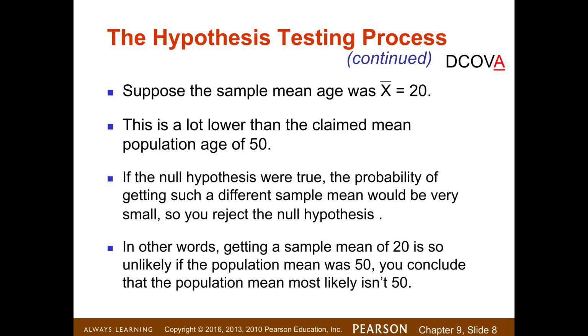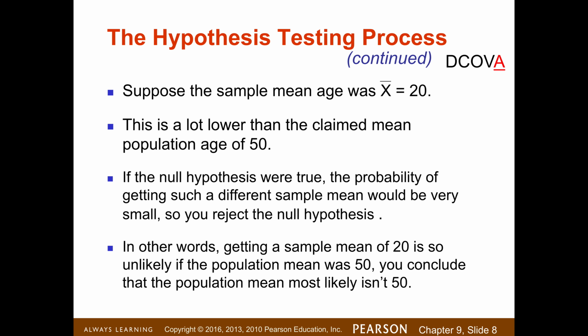So in other words, getting a sample mean of 20 is so unlikely that you conclude the population mean most likely isn't 50. And that's one of the things you've got to kind of tattoo to the brain, is that you've got to use softer language.